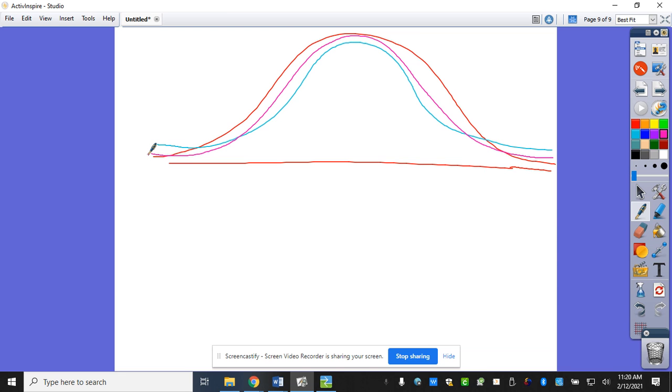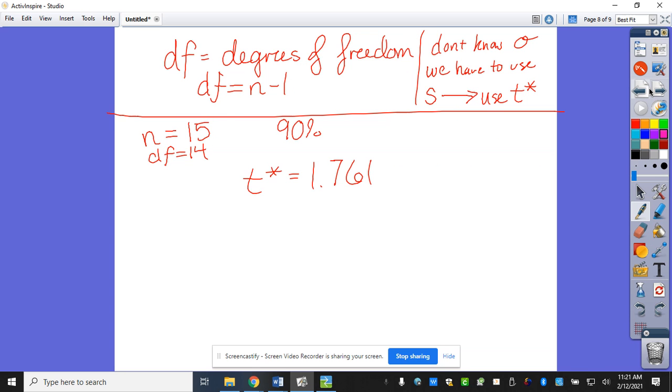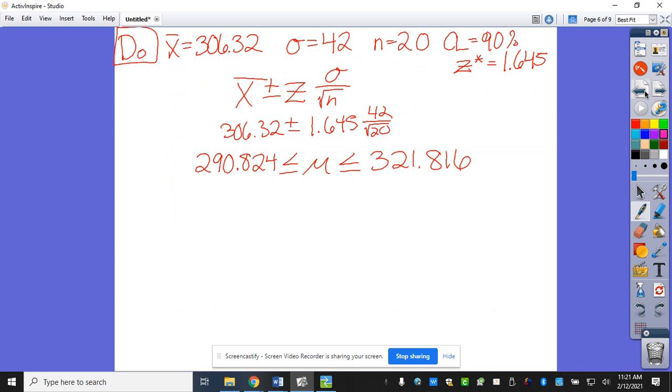So if it gets bigger and bigger, as big as it can, what is a 90% confidence level for a t at sample size infinity for 90%? Oh, it's the same one as the z. So the bottom line of this is your what?